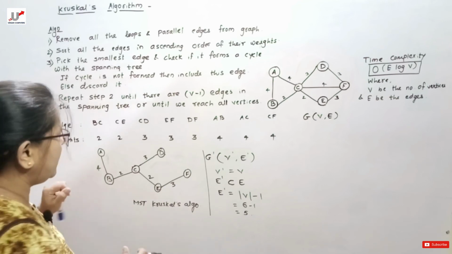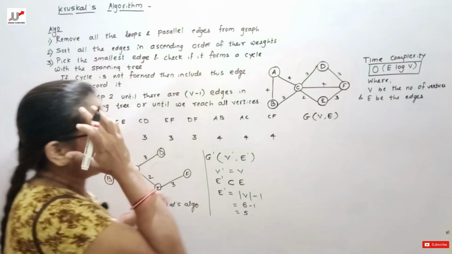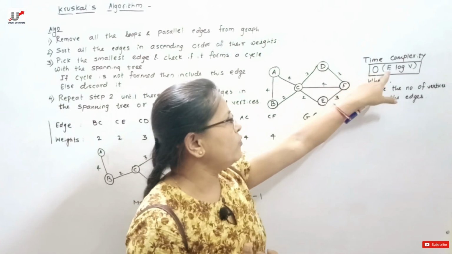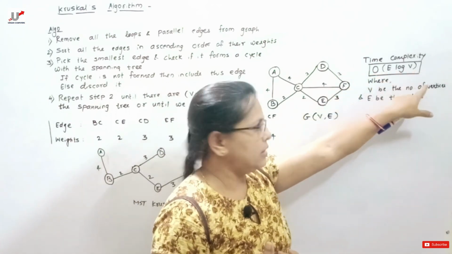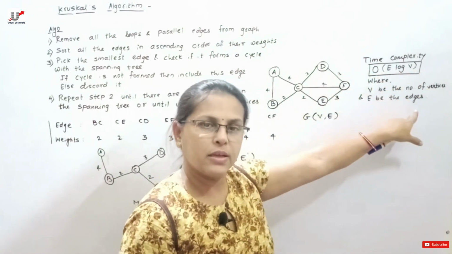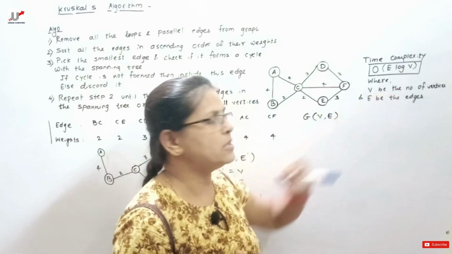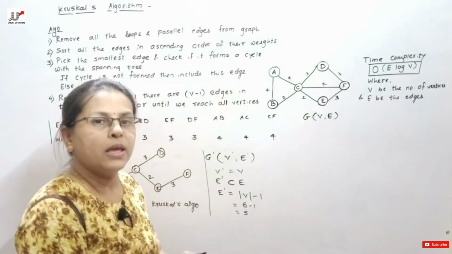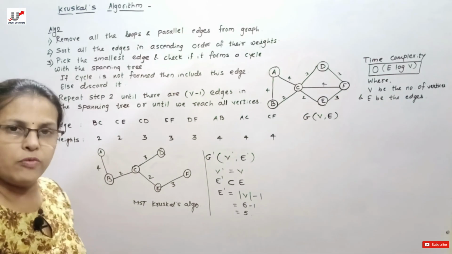The time complexity of this algorithm is order of E log V, where E indicates edges and V indicates the number of vertices in the given graph.